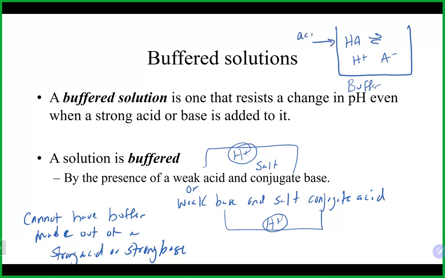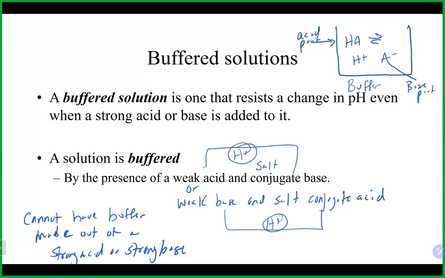So that's the acid part of the buffer, and that is the base part of the buffer. They both are actually in the solution to begin with, and that is what gives it its function, is both of those things are swimming around in there.